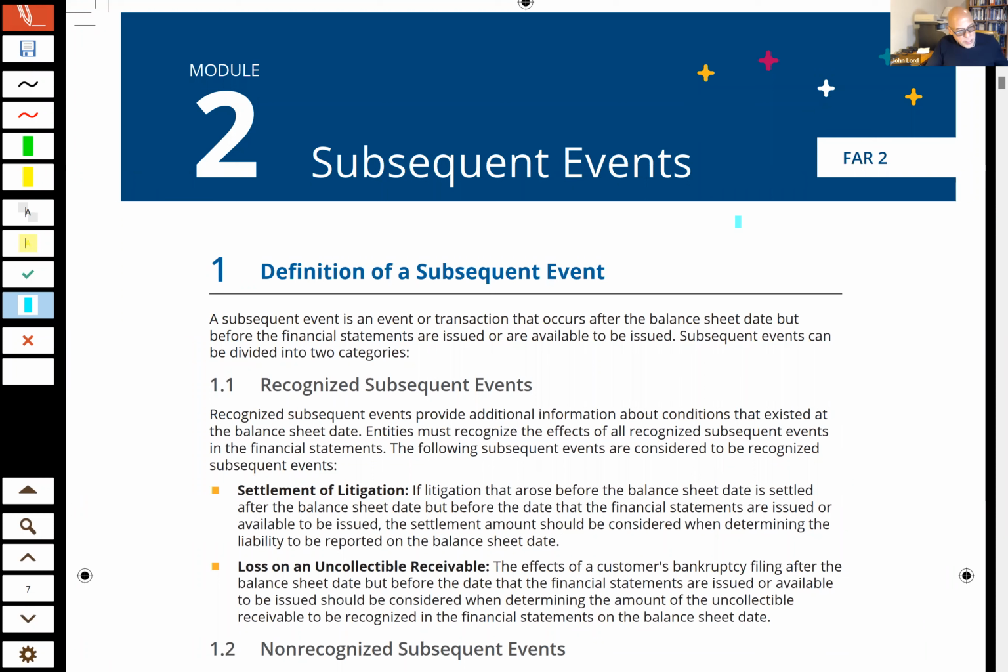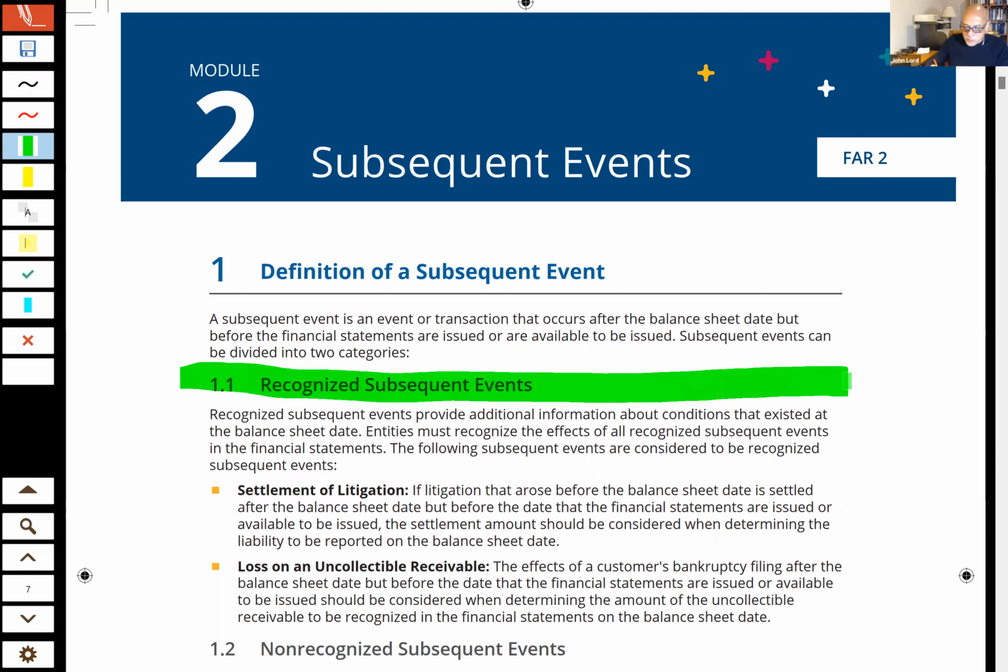When we look at subsequent events, we are looking at two types of potential subsequent events. One is going to be recognized in the financial statements. By recognized, that means there will be a journal entry associated with that, and disclosure. So we'll literally make a journal entry and we'll disclose information about that subsequent event.